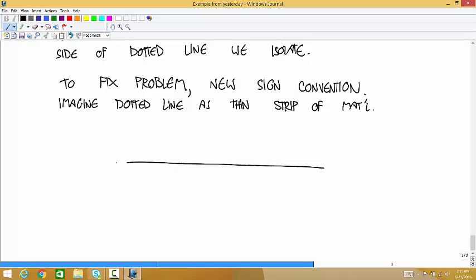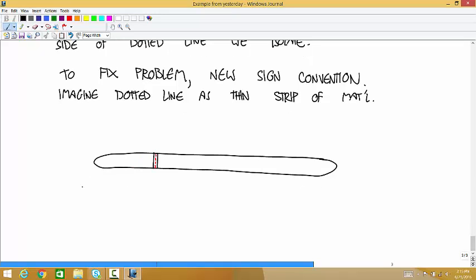Okay, so here's the body. And here's the dotted line. And we're going to imagine that what we're really doing is figuring out the external loads on this infinitesimally thin strip around that dotted line. And the sign convention looks like this.